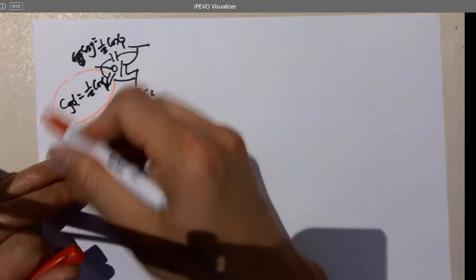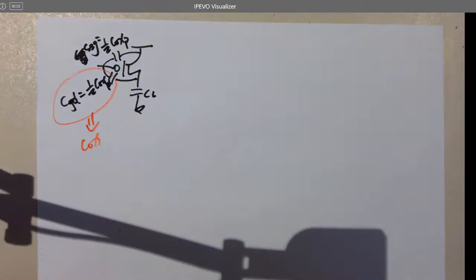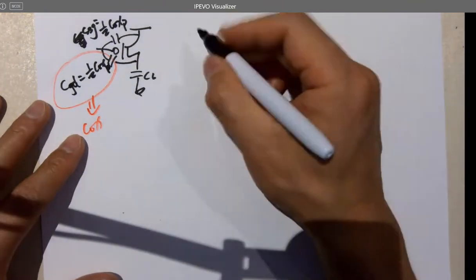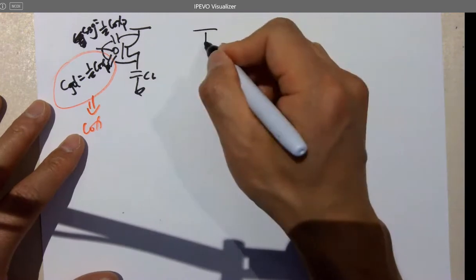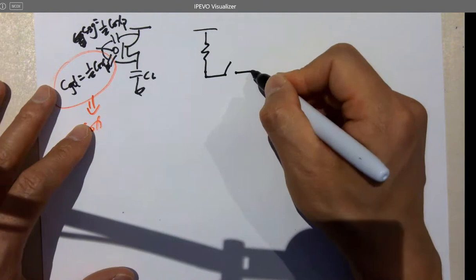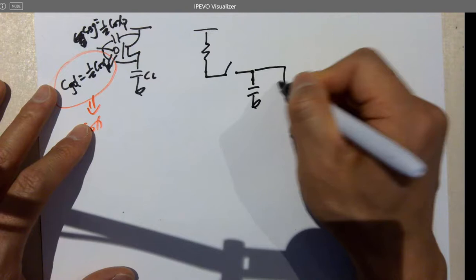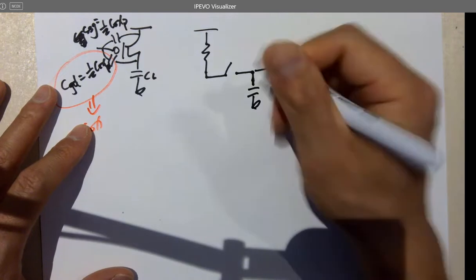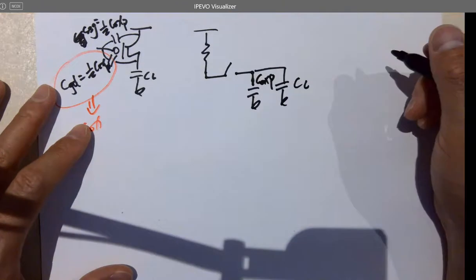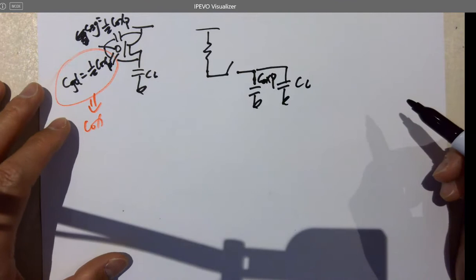This one. So this is effectively Cox instead of a half of Cox, right? So here's a model for the PMOS. C load, Cox P as the output. So we are not drawing the input, right?